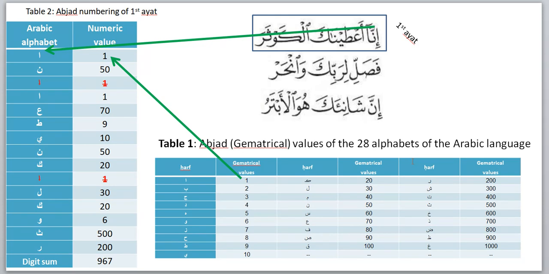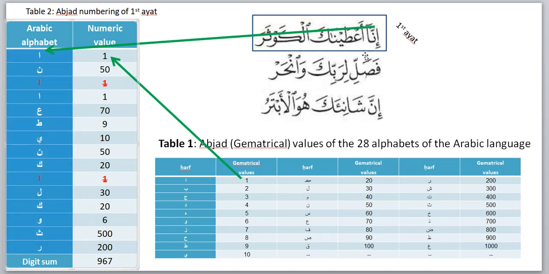In table 2, the Abjad values of the first ayat are placed. The first ayat is Inna a'atainaka al-kawthar. So all the harfs of the first ayat of Surah Al-Kawthar are shown here.